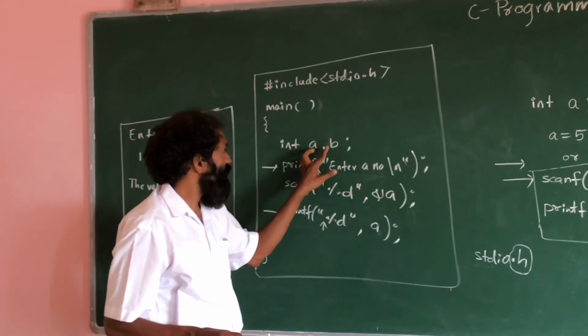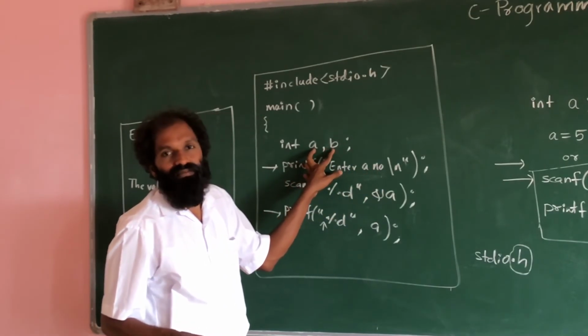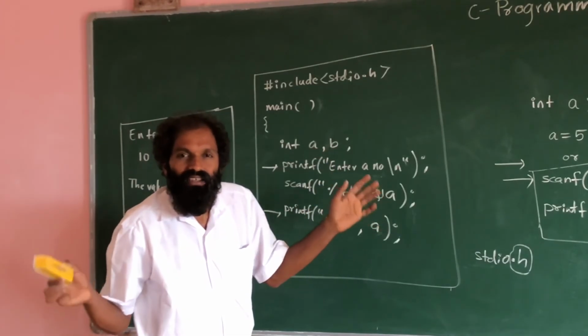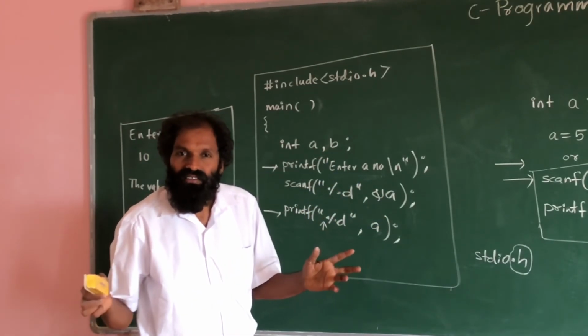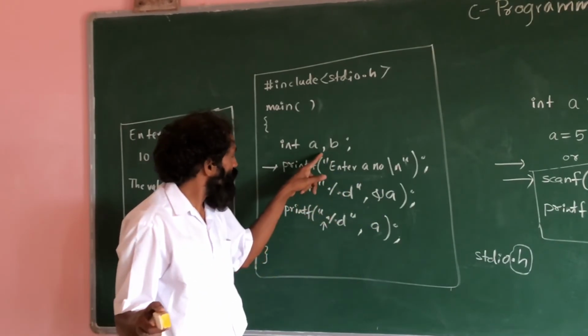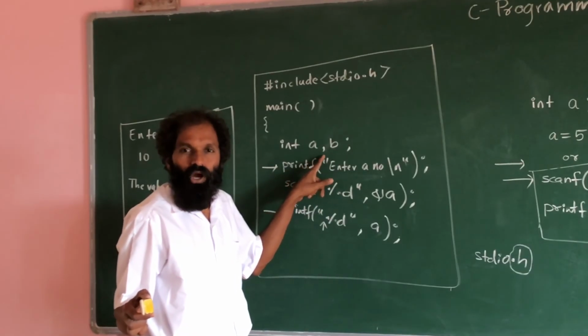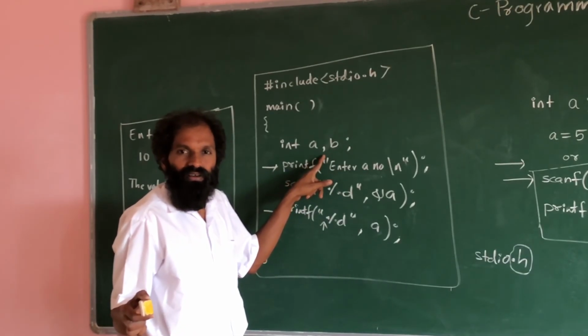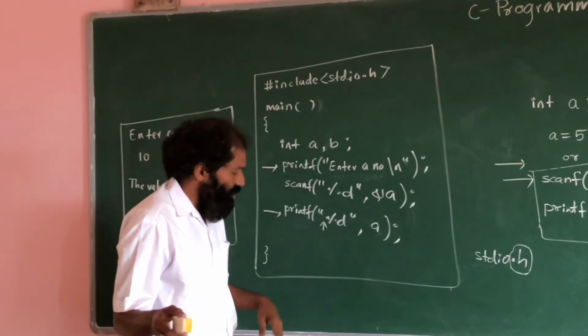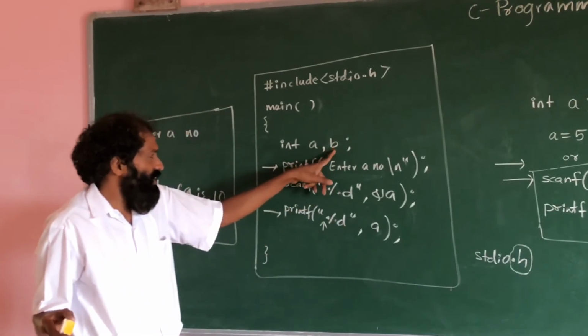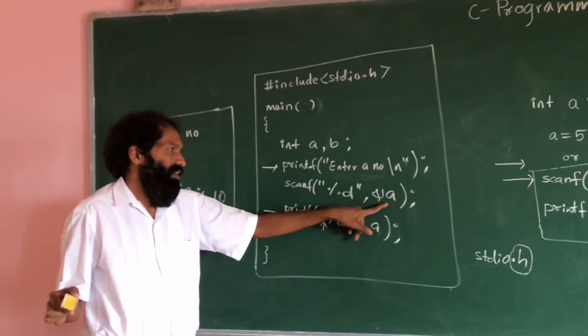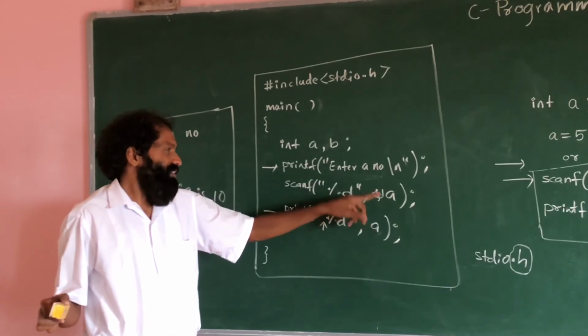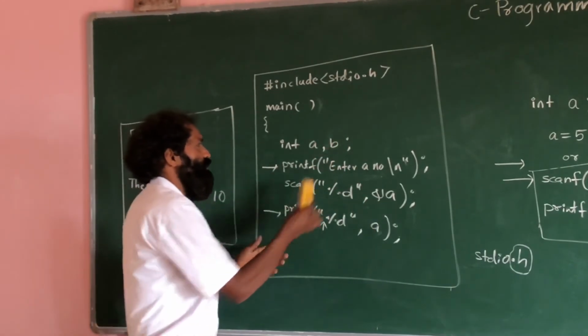This indicates this is different, this is different. When you combine different variables, generally we use this comma. Fine. These are simple delimiters. Even with B, you can take one more number for addition of two numbers, something you can do. This is a simple program.